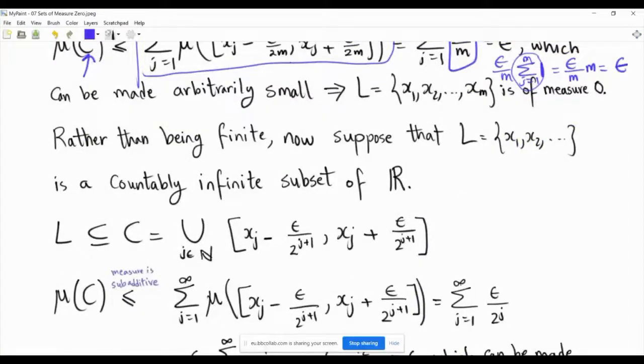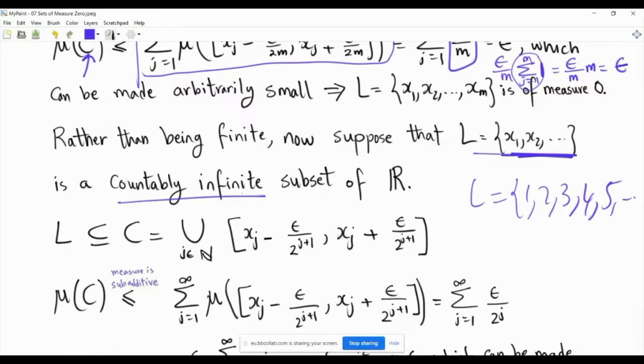But what if L is a countably infinite set? What if L is equal to 1, 2, 3, 4, 5, 6, and so on? What if L is the set of rational numbers? It turns out that if your set is countably infinite, then it is also a set of measure 0.